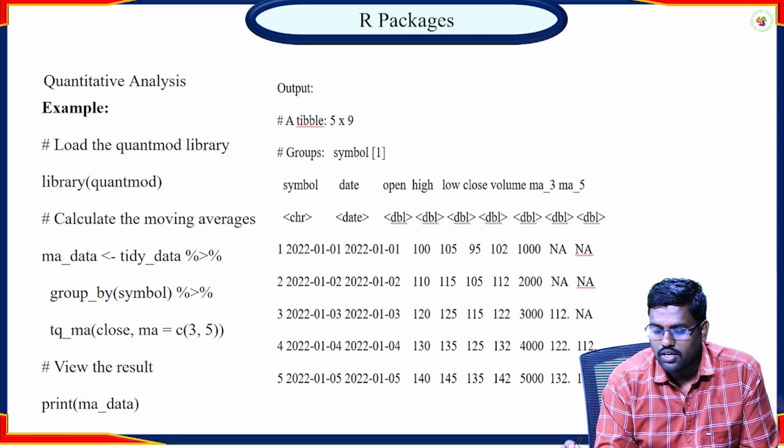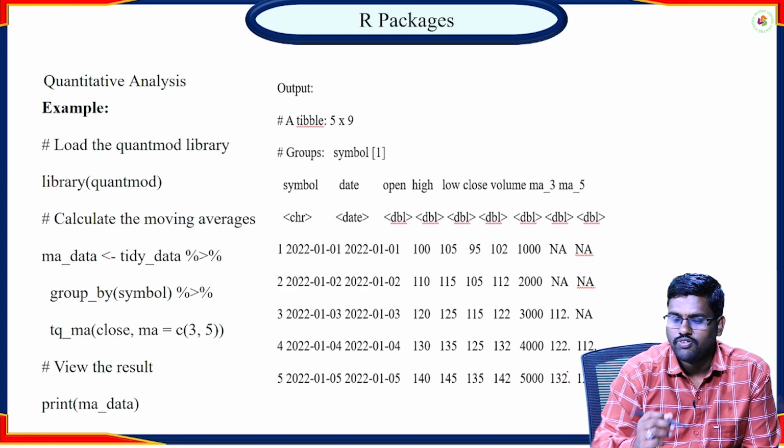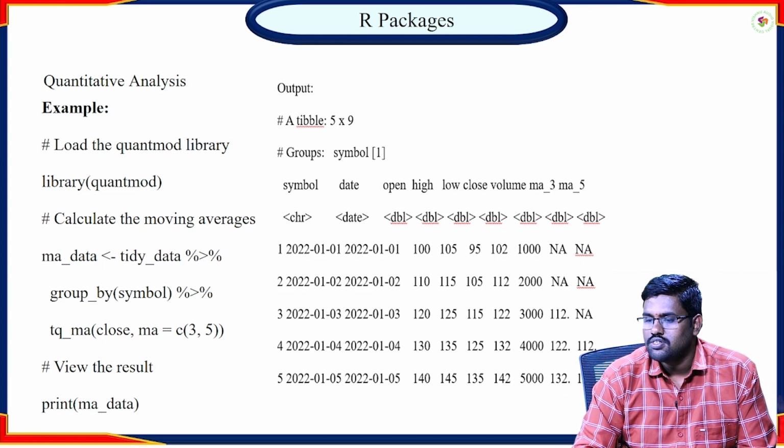So see here, the third column value. What is the third column value? The close. So close value 112 will be printed. Next 120, close 122 will be printed. Next 122. And finally 132 will be printed. So like this, the values will be printed if you are given quantitative analysis.